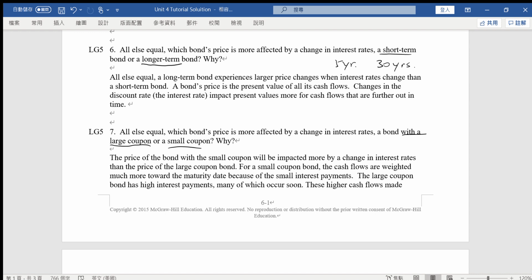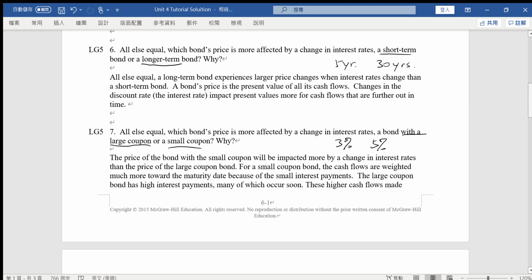You may also quote an example. For example, a bond with a coupon rate of 3% compared to another one that is 5%. Then you quote two examples to illustrate which is large and which is small. 3 should be small, and 5 is the larger one.